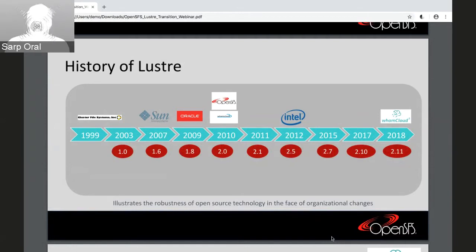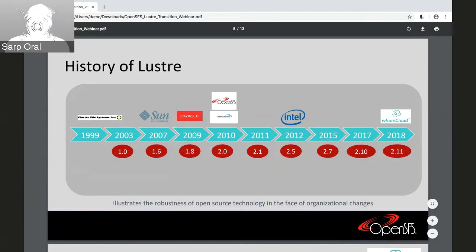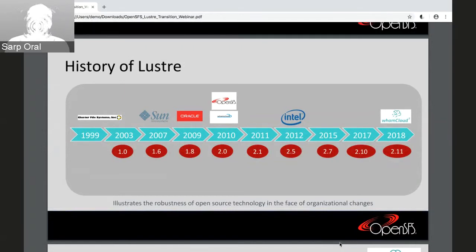We have been around for the last 8 years, providing a common platform for users and vendors, and we will continue to do so. So we are in a relative stability period, and we will hear now DDN's plans about the transition of Lustre capabilities and assets.